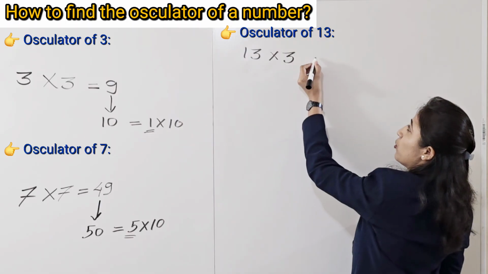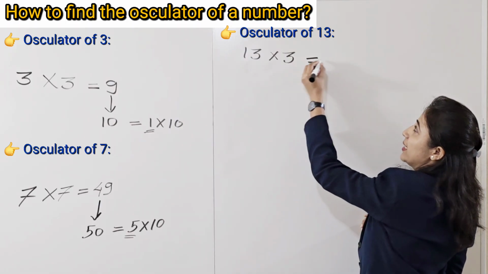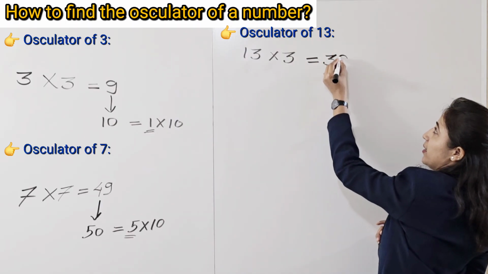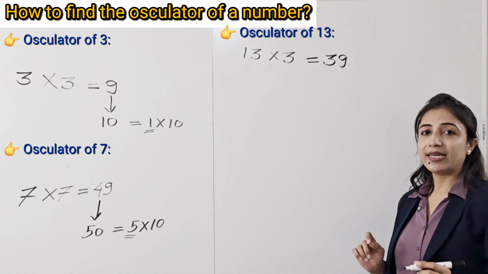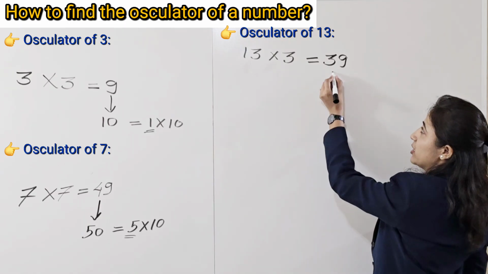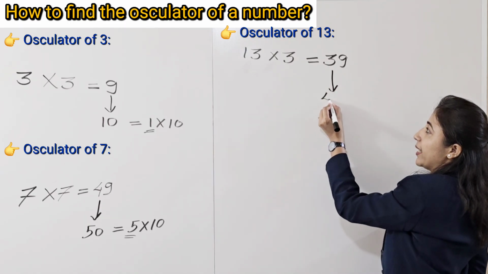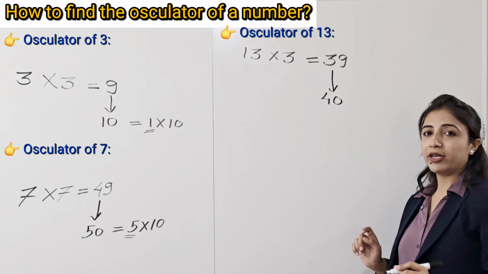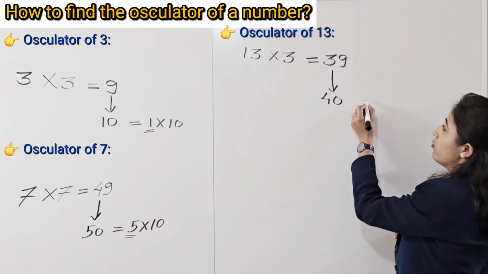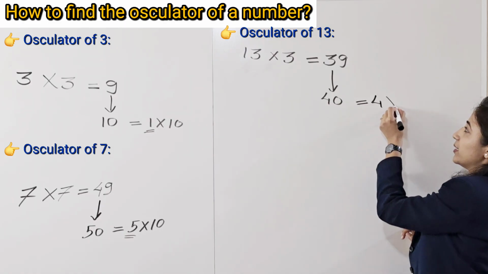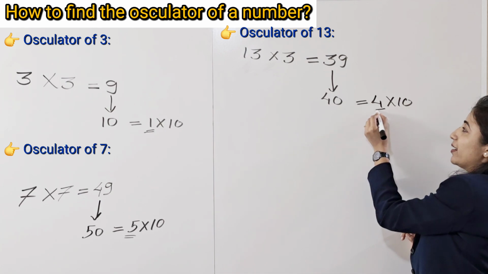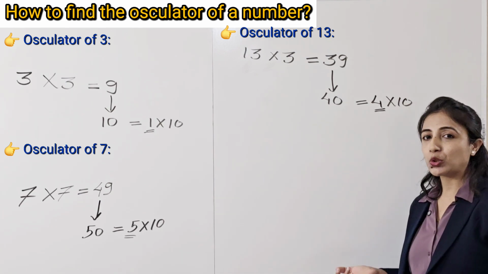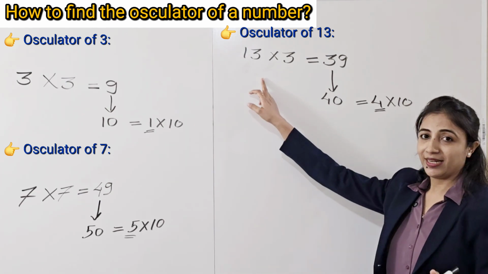The product of 3 and 13 is 39, and 39 is near to 40, which is a multiple of 10. How to write 40? 40 we can write as 4 into 10. So here 4 is the osculator for 13.